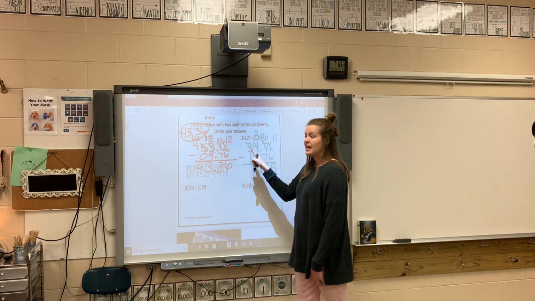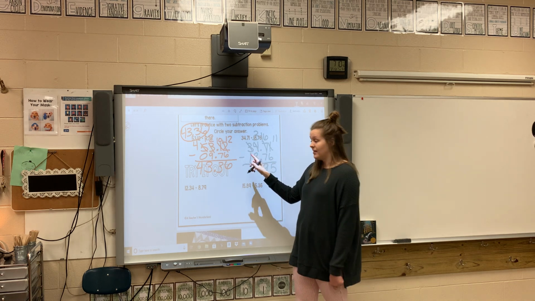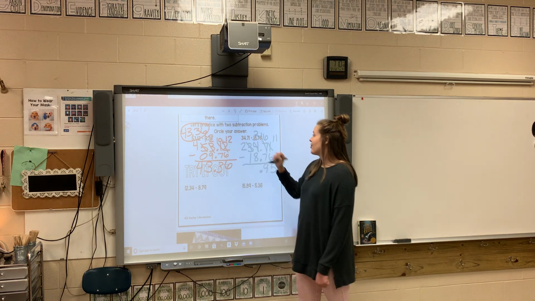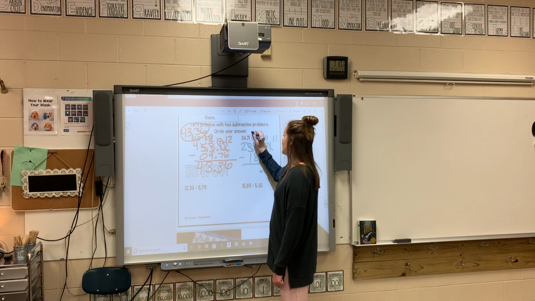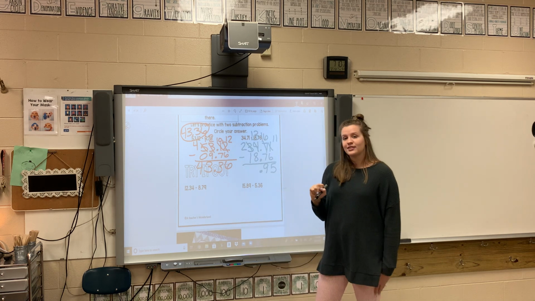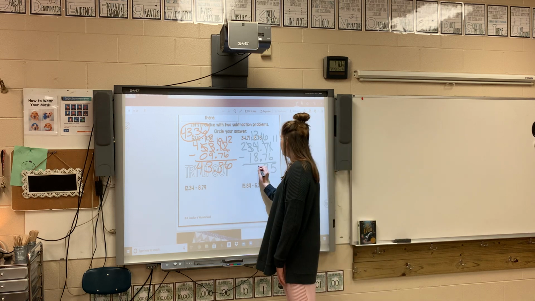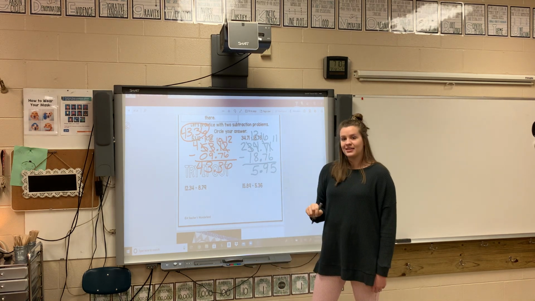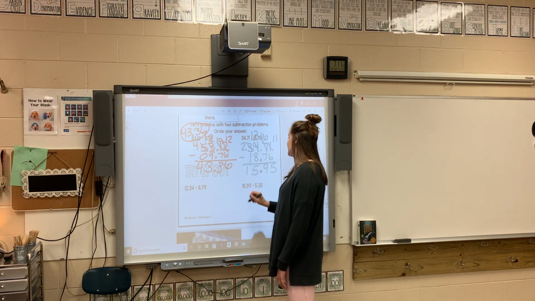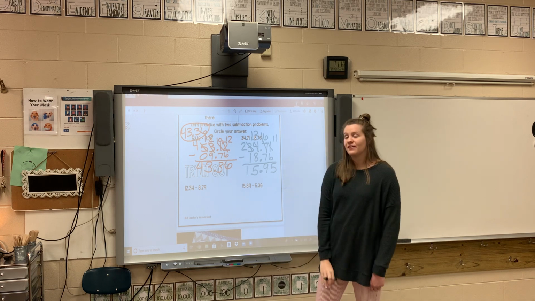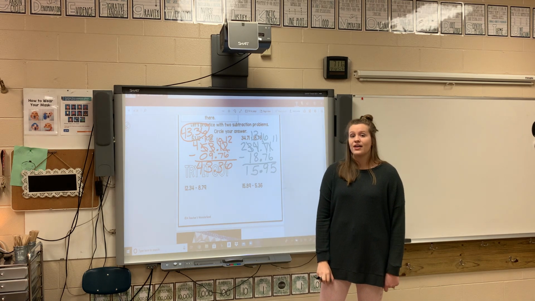My 3 in my tens place becomes a 2, and my 3 in my ones place becomes a 13. What is 13 minus 8? 5. And then 2 minus 1 is 1. So my answer is 15 and 95 hundredths.